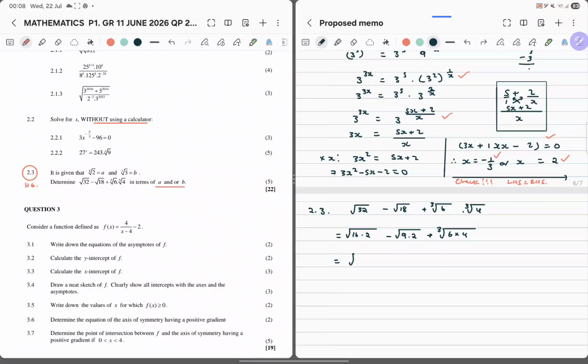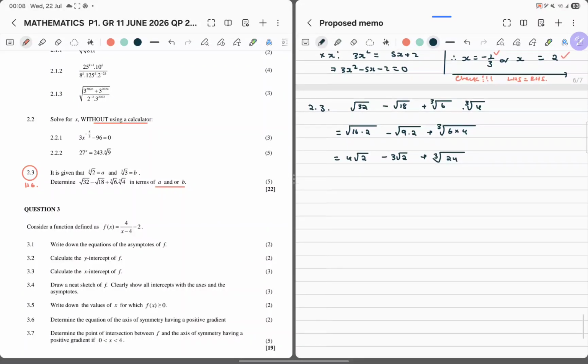So obviously the square root of 16 is 4. So this is going to be 4 root 2 minus 3 root 2 plus the cube root of 24. Cool. Let's keep moving. So 4 root 2 minus 3 root 2 is just root 2.